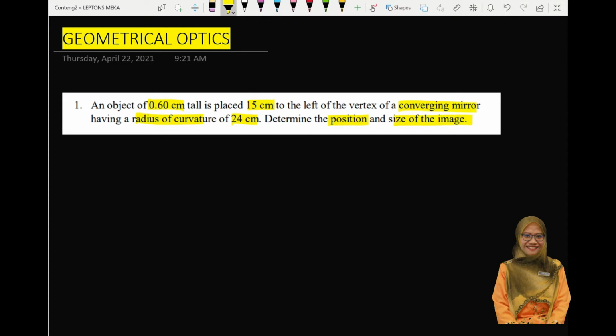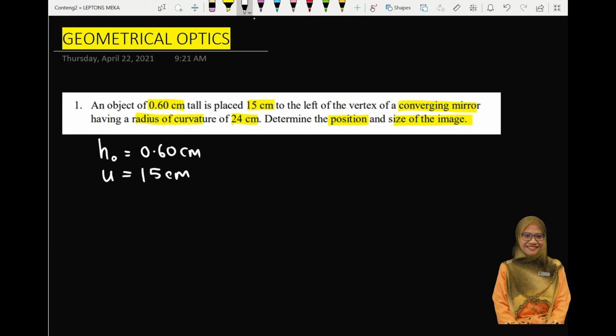So you need to solve two things, which is to identify the position of the image, meaning the image distance, and second is the size of the image, the height of the image. As usual, please list out all the information given. We have the height of the object 0.60 centimeter, and it was placed about 15 centimeter to the left of the converging mirror.